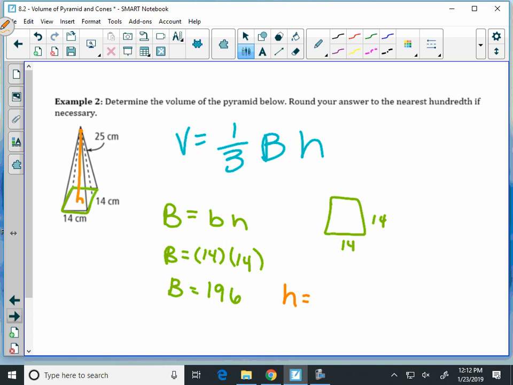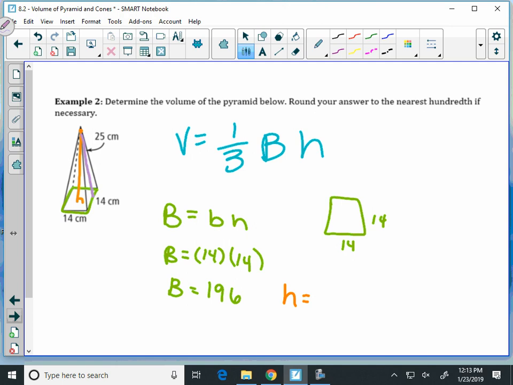No. What happens a lot of the time is this line right here, where this arrow is pointing, that dotted line, they're saying that's 25, but that's not the height of the pyramid. That's what we call the slant height. It's how tall the side is, but it's not how tall the pyramid is because it's slanted and height is always straight up and down. So we can never use the slant height as the actual height.